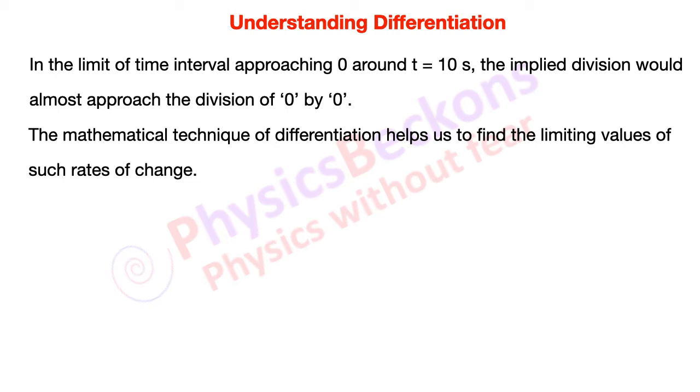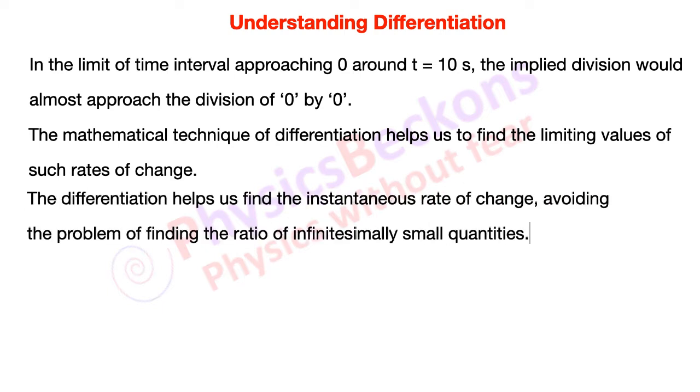So in order to avoid this 0 by 0, we follow a mathematical method of differentiation to get the value of instantaneous rate of change at t equal to 10 seconds or any other instant of time. The differentiation helps us to find such instantaneous rates of change.